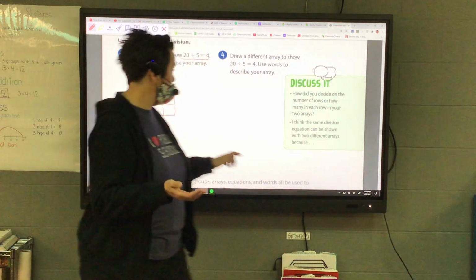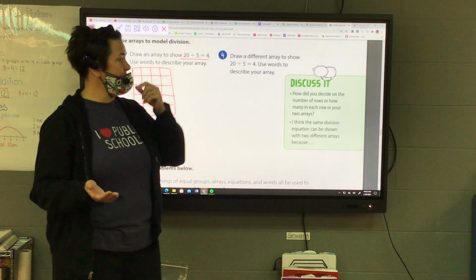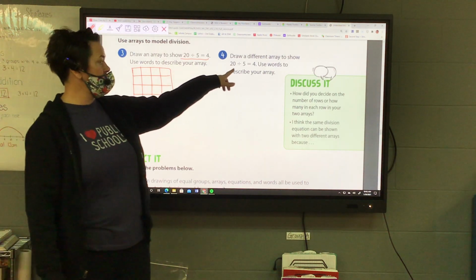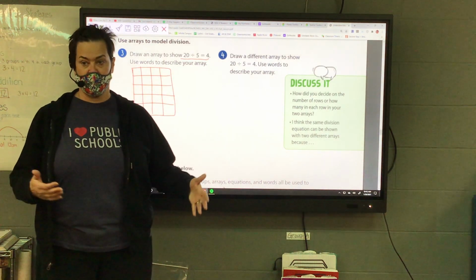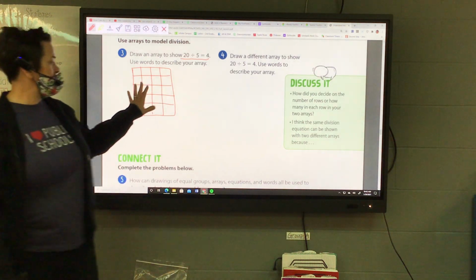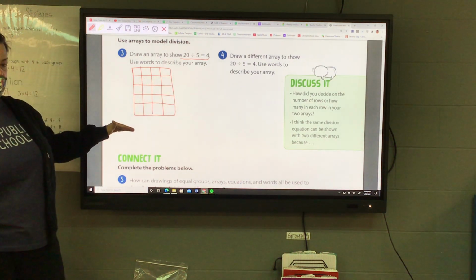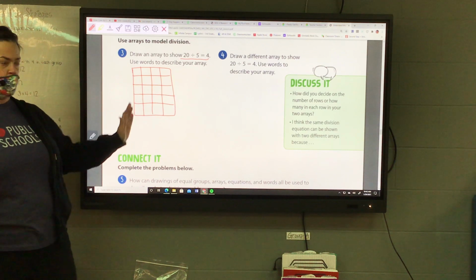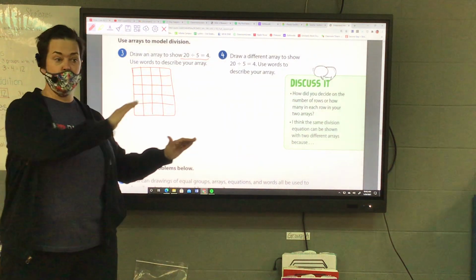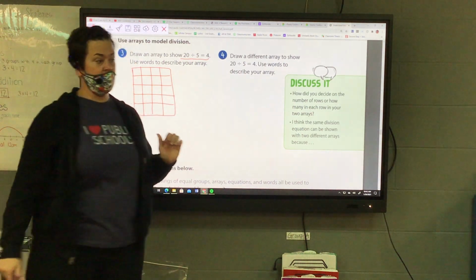No. Over here, it says draw a different array to show 20 divided by 5 equals 4. So if you did 5 rows here with 4 in each row, what are you going to do over here? 4 rows with 5 in each row.